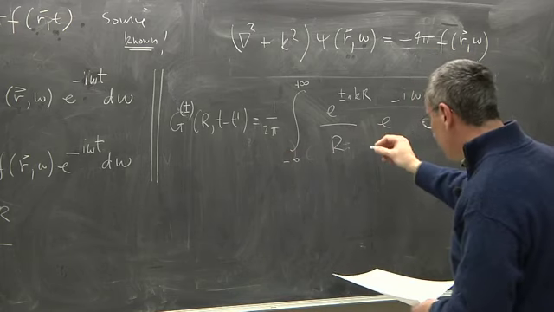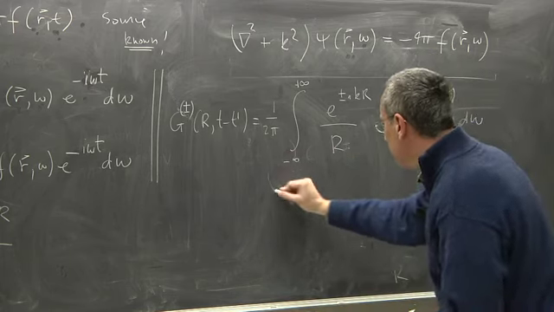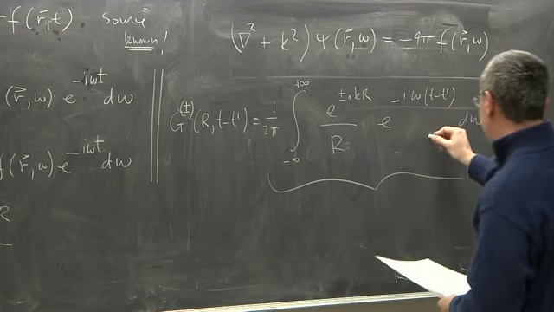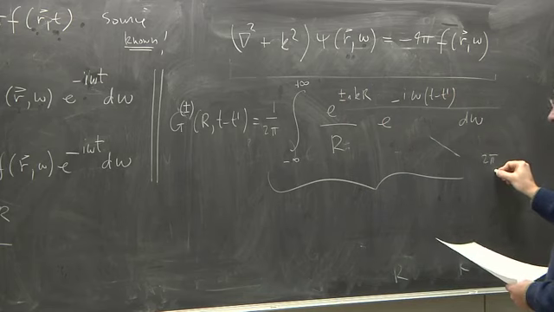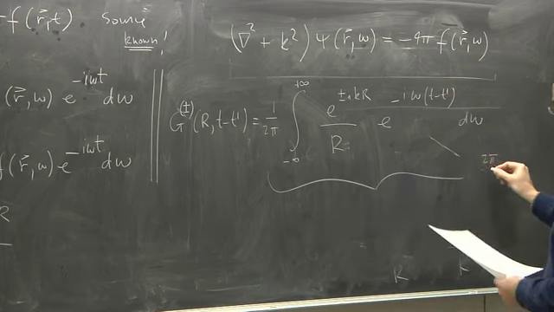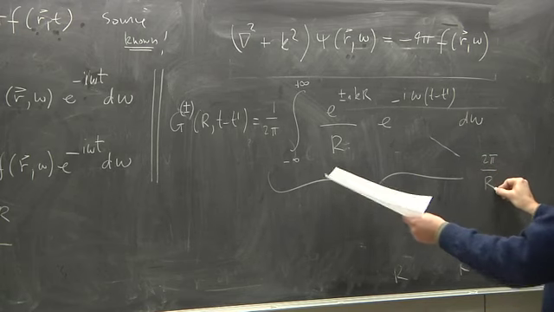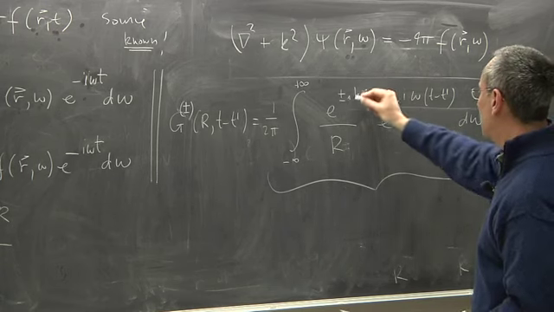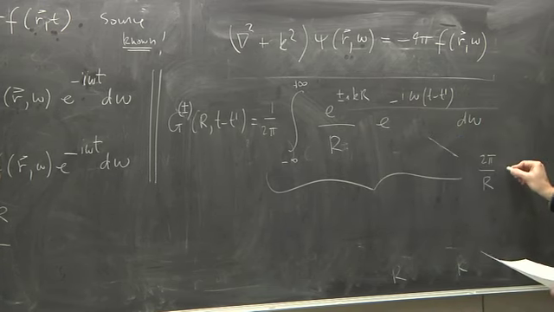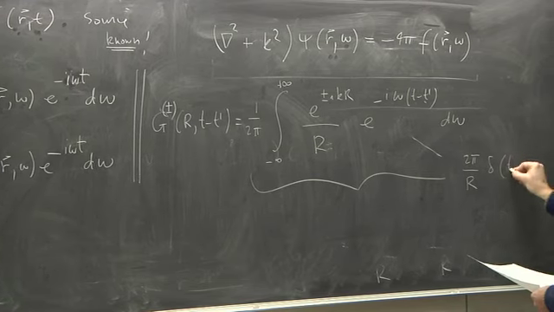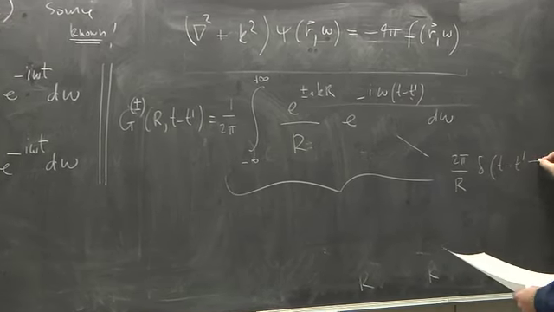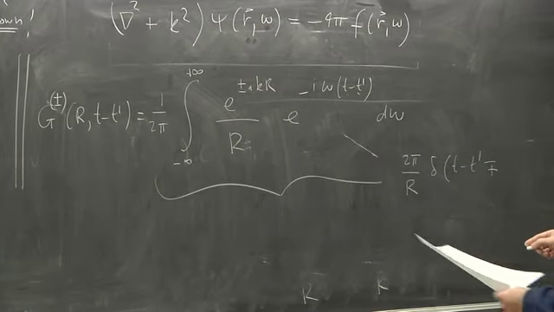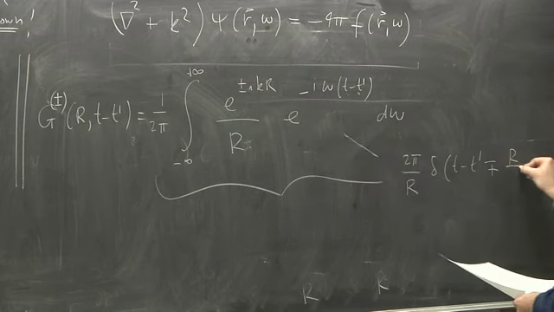So this integral is just 2 pi divided by R, big R is just there, and all this stuff is like the delta function of t minus t prime minus or plus R divided by c.